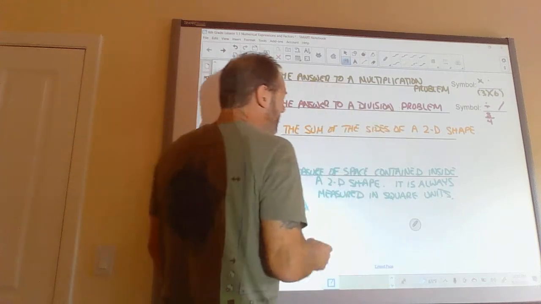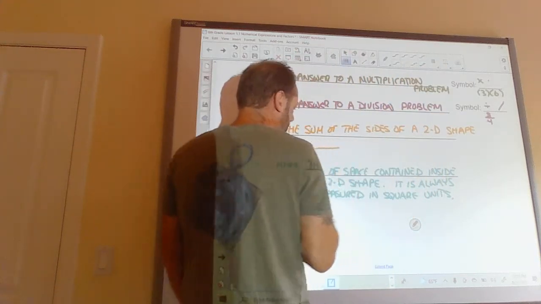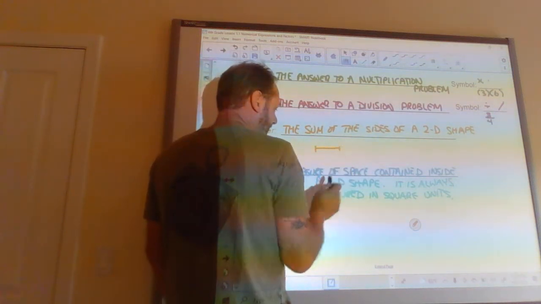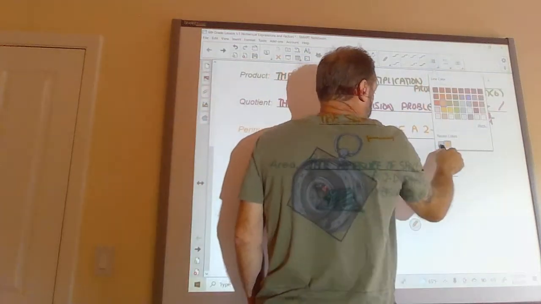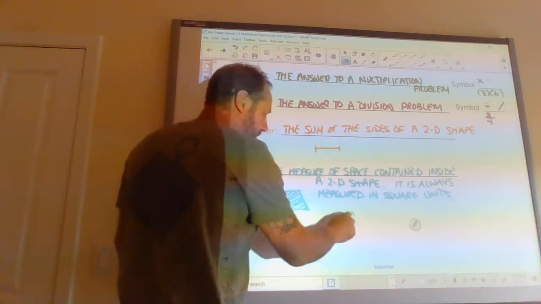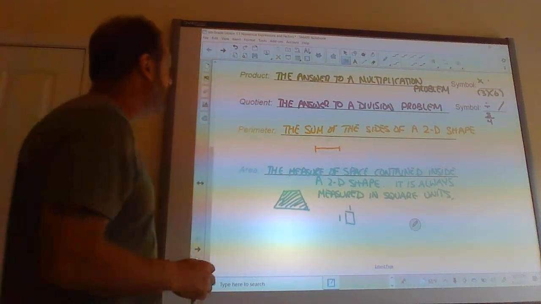So like when we measure distance, like for perimeter, you measure just one-dimensional, you measure length, okay? But when you're doing two-dimensional things, you measure in squares. It's how many squares that are 1 by 1 you can fit inside that shape.